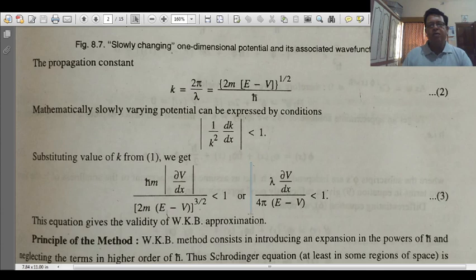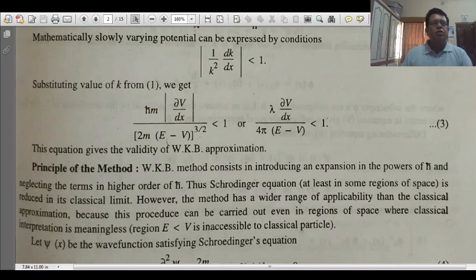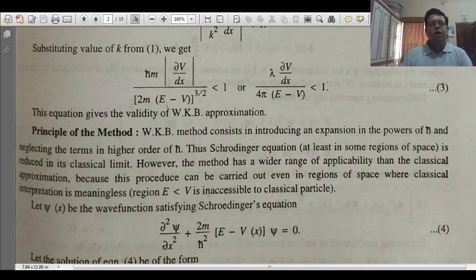And in terms of lambda, it is given by lambda magnitude of dV upon dx upon 4 pi (E minus V), less than 1. So this equation gives the validity of the WKB approximation. This condition is necessary for the validity of the WKB approximation.